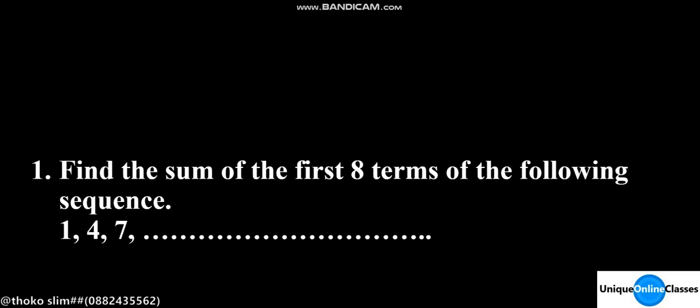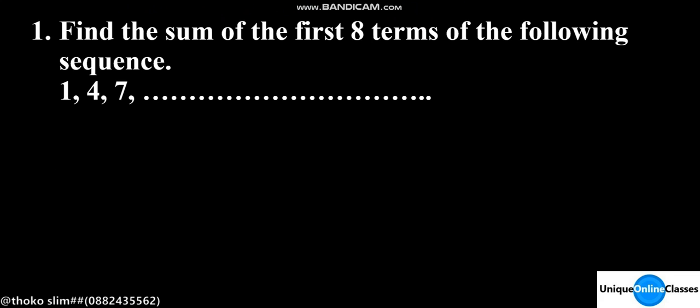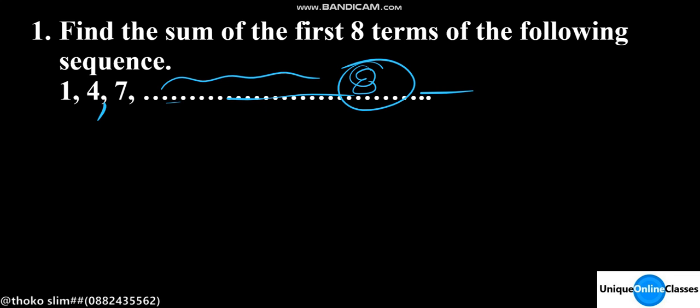The first example asks us to find the sum of the first 8 terms of the following sequence: 1, 4, 7. So now we should find the sum of the first 8 terms. So my number of terms will be 8. What would be the sum of the 8 terms?